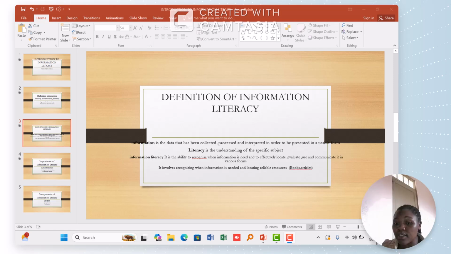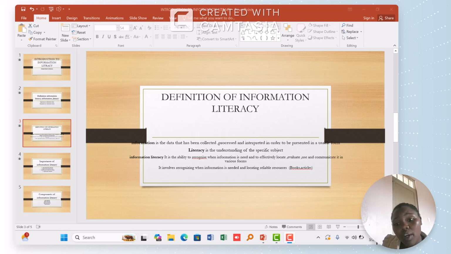If I say reliable sources, I mean the sources which were proven by some people, for example, published articles and books which are very well published or which are known by many people.